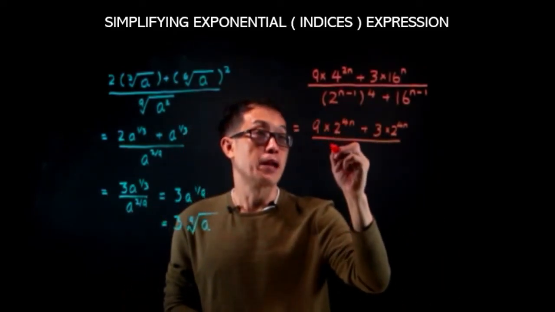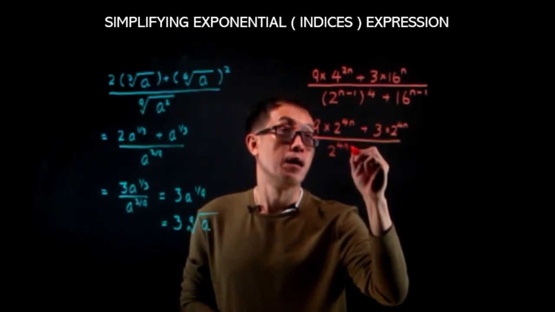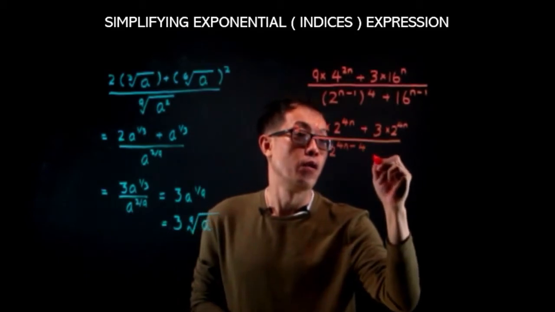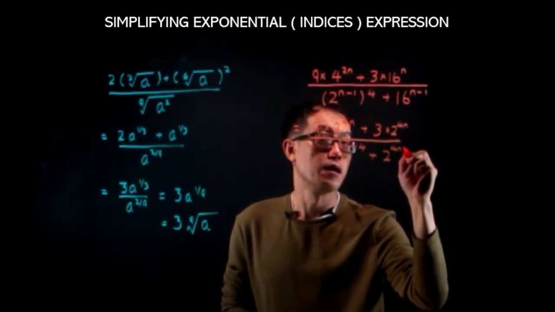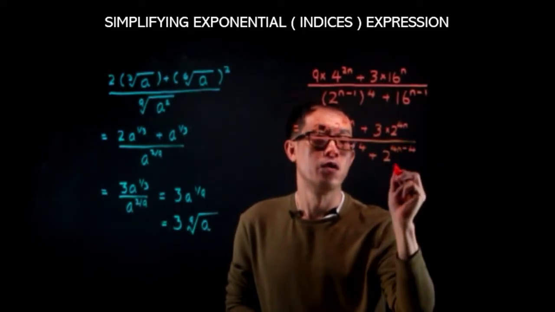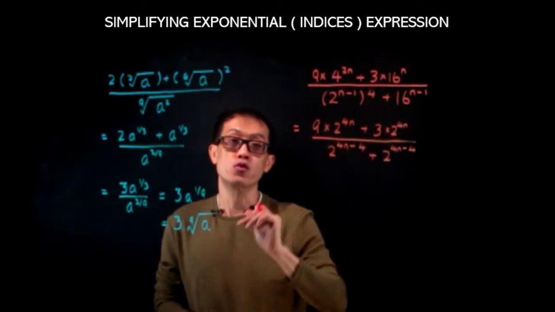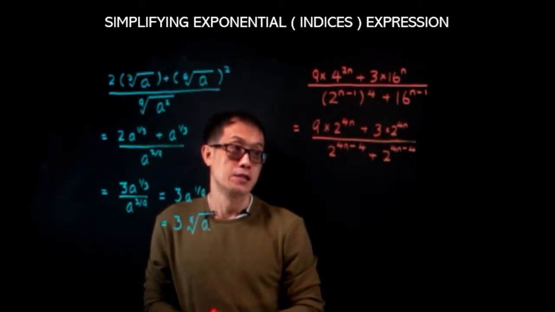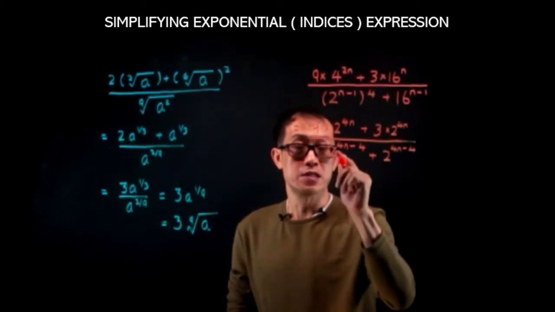So this one you multiply in, so it is 2 to the power of 4n minus 4 plus 2 to the power of 4n minus 4. Now these two are like terms. And then you also have 2 to the power of 4n here. Now we add these two together. Numerator we just factorize out.